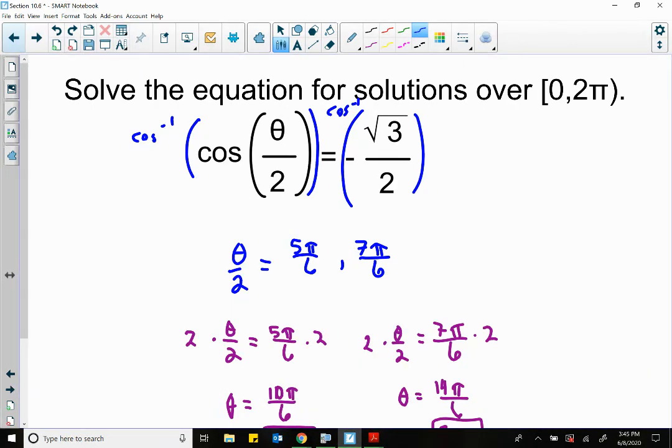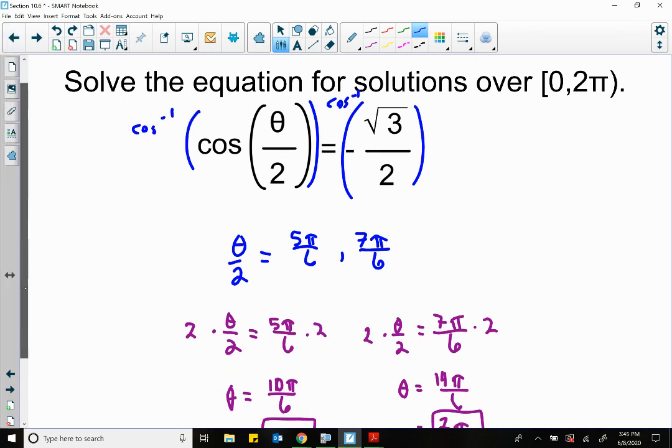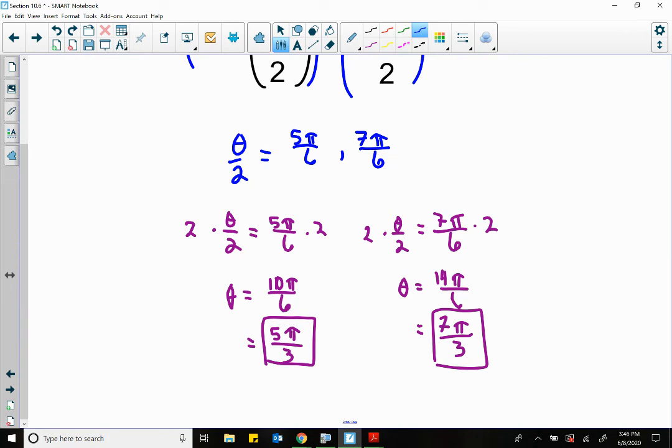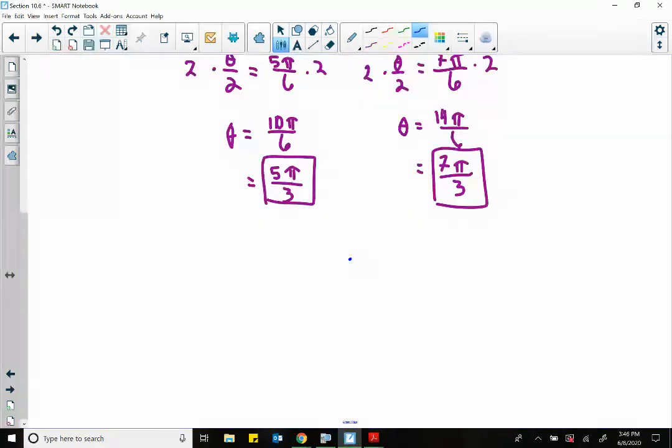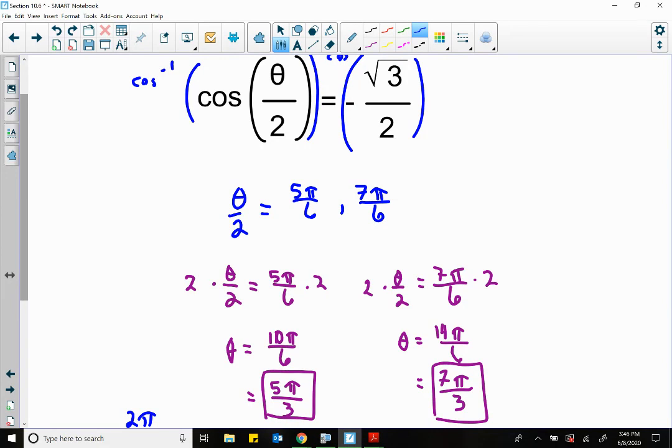Okay, remember the period for cosine is 2 pi. All right? So if I take, sorry, just double checking something. So these are my answers, right? Cosine's period is 2 pi. But that's if you're working with a regular x. And here we're working with a half angle.